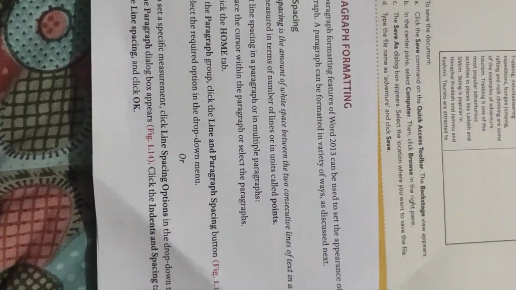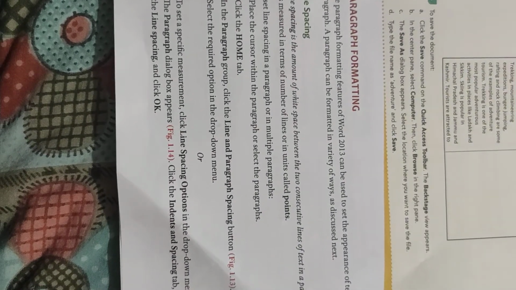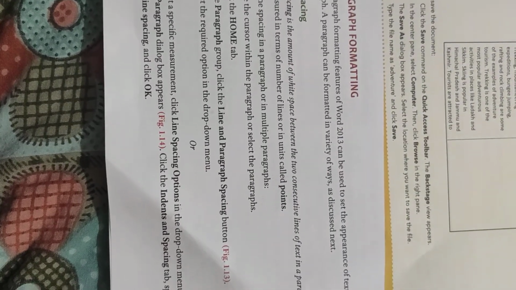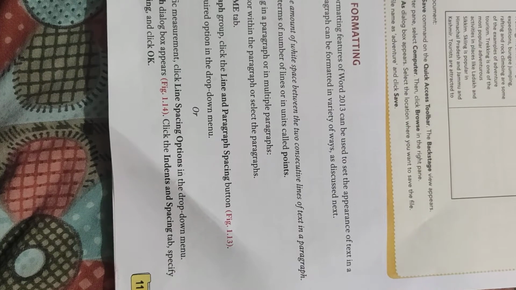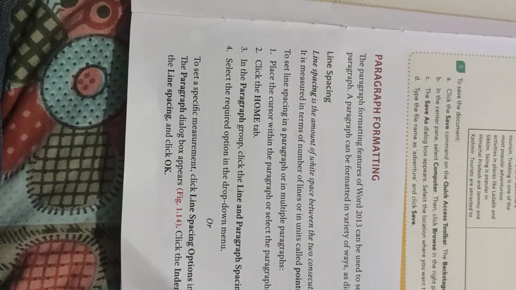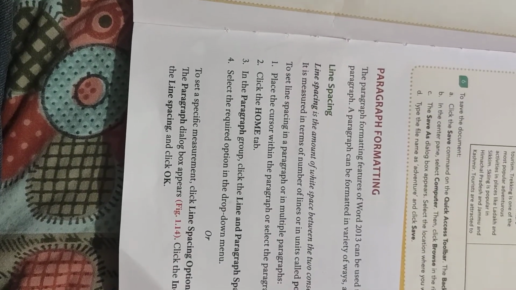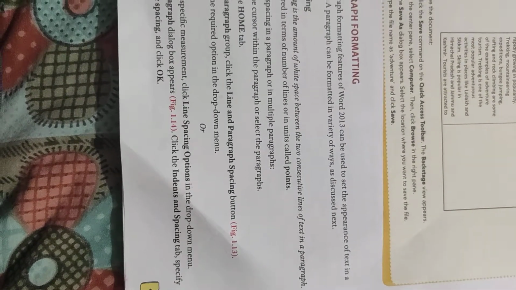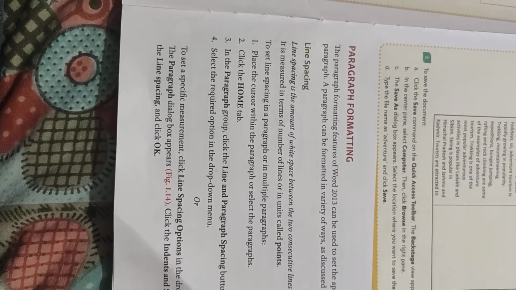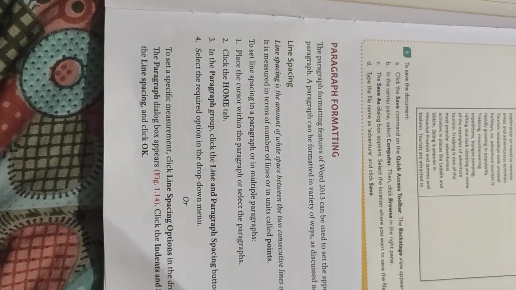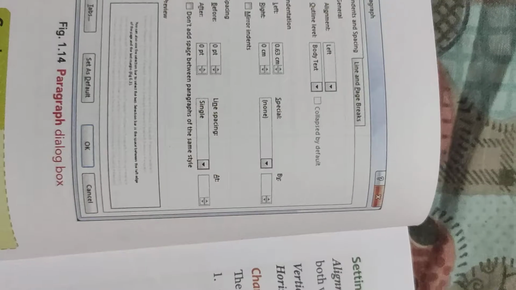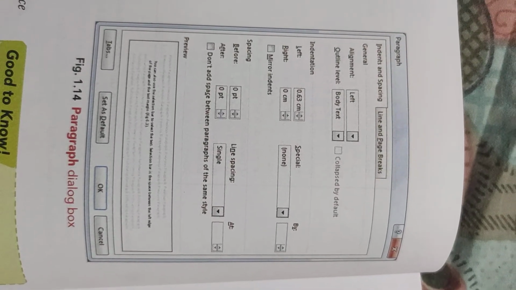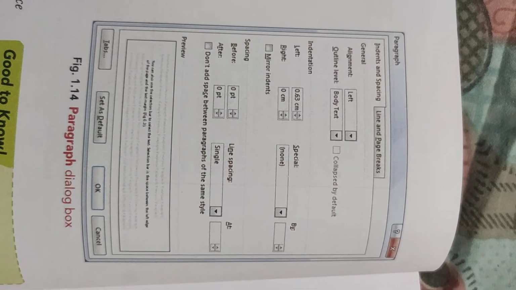Also if you want to specify your own measurement you can do that. For doing that you have to click on the line spacing option in the drop down menu, and from the paragraph dialog box you have to click on the indents and spacing tab. After that you have to select the line spacing and click OK. So see, after opening the paragraph dialog box you are clicking on indents and spacing.